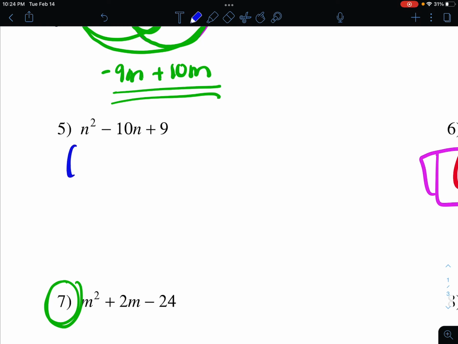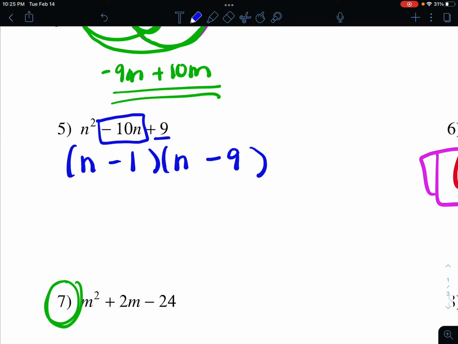Here we go. Number 5 is a good one. I know I'm going to have an n and an n. The 2 numbers that multiply to equal 9 that add up to a negative 10 will be a negative 1 and a negative 9. Right? Negative 1 times negative 9 is positive 9.